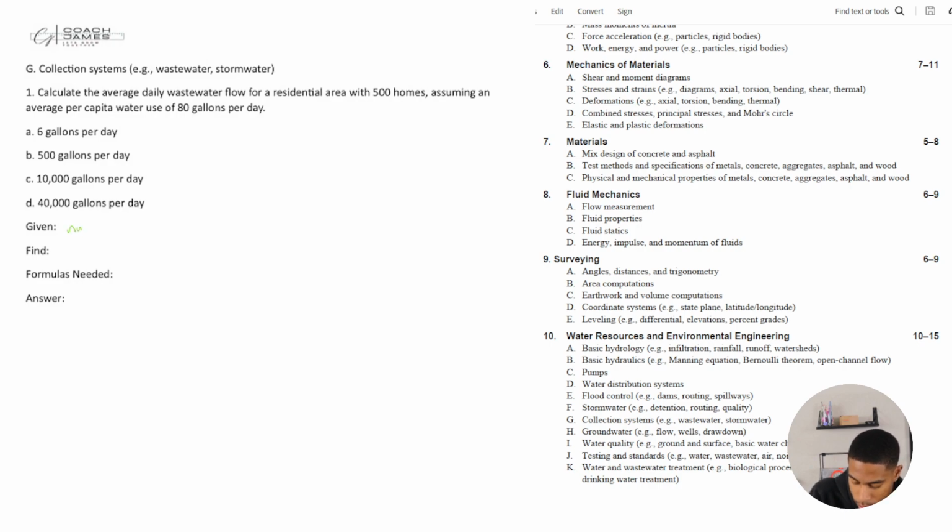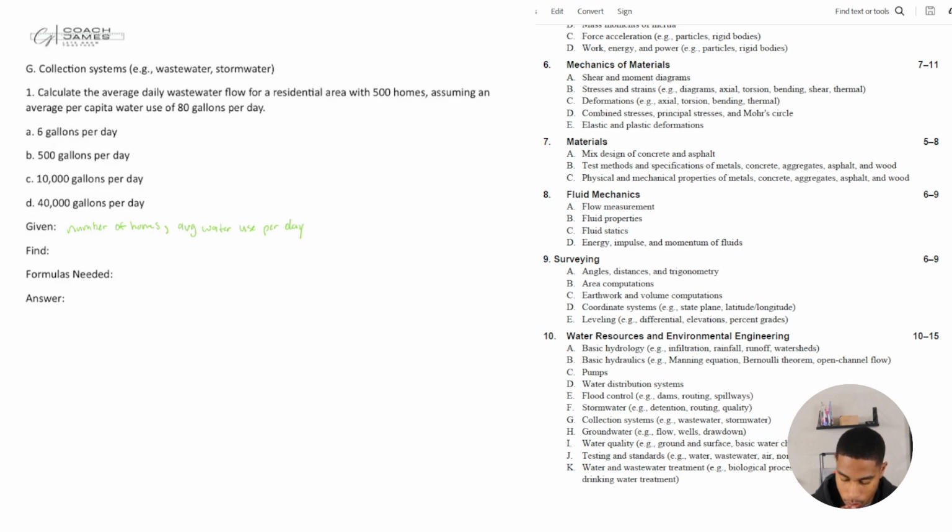Given the number of homes, which is 500, and we're given the average water use per day for each home. Per capita, per home.